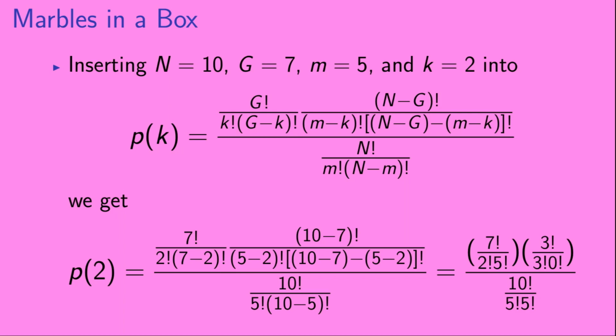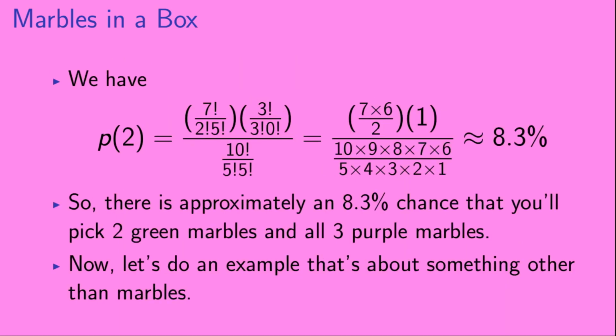So the G choose k became 7 choose 2. The N minus G choose M minus k became 3 choose 3. And in the denominator, N choose M became 10 choose 5. Okay, so now let's mathematically work all of that out. The first term in the numerator, 7 choose 2, is equal to 7 times 6 over 2.